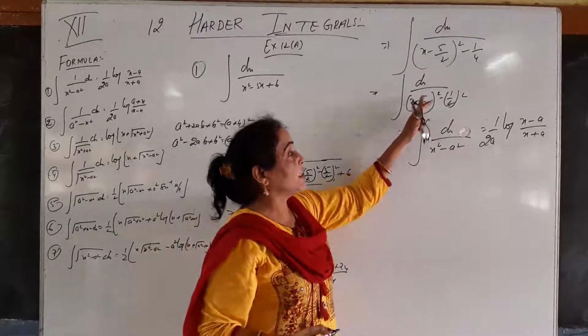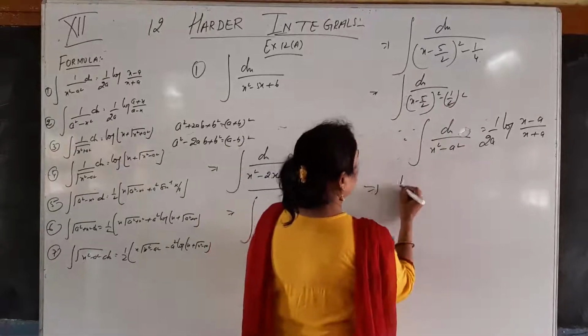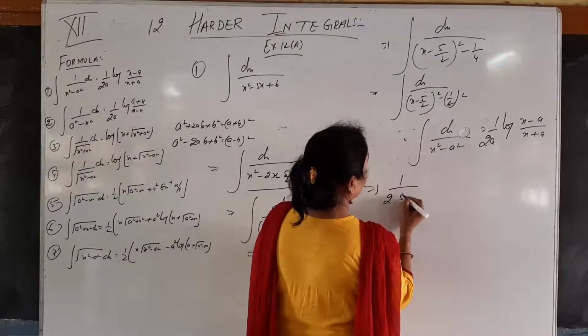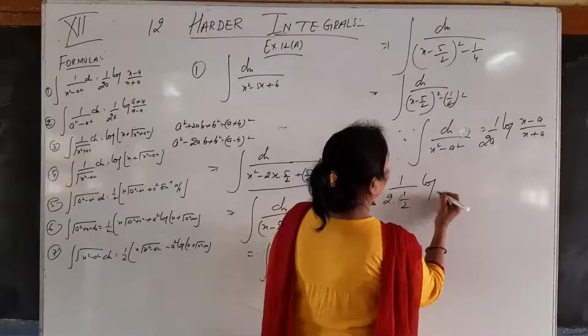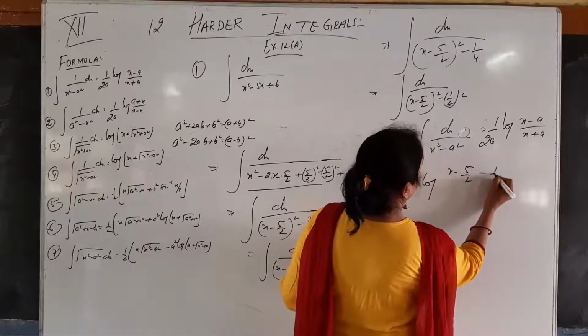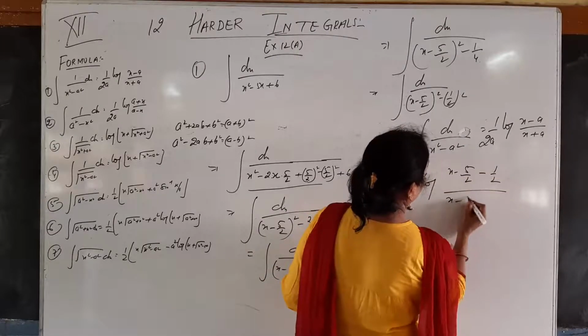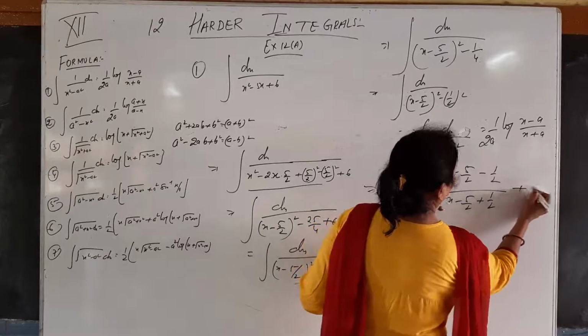X is here x minus 5 by 2 and a is 1 by 2. So we will get here 1 upon 2a, a is here 1 by 2, into log of x minus 5 by 2 minus 1 by 2 upon x minus 5 by 2 plus 1 by 2, plus constant c.